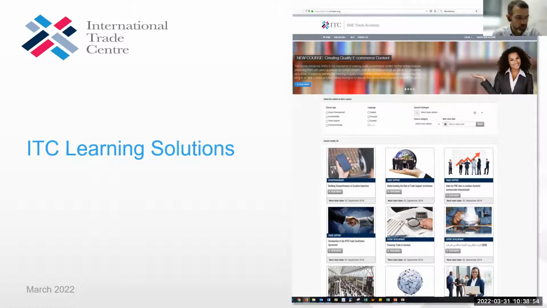You can register, I believe, for courses starting in June or July, but there are many that start before that, of course. So there are two steps basically. First, select the topic that is relevant to you or your members or your beneficiaries, and register to them or have your beneficiaries register to these courses.